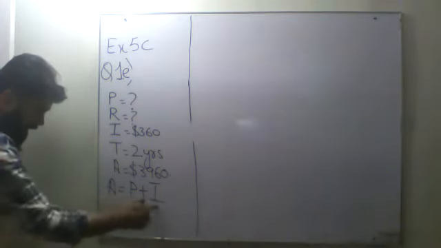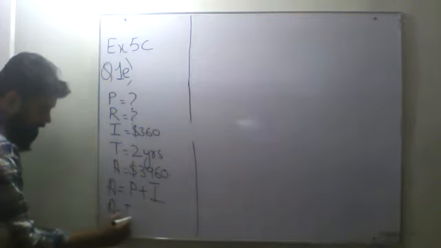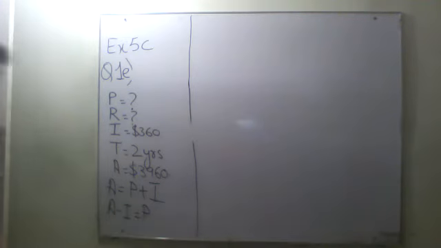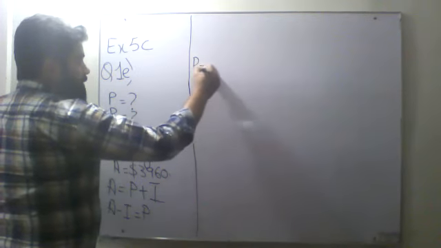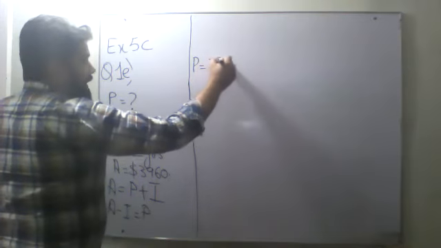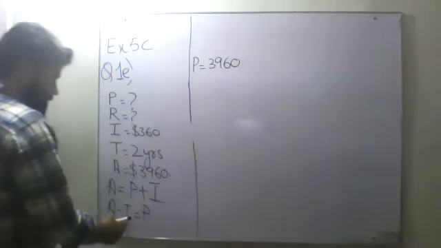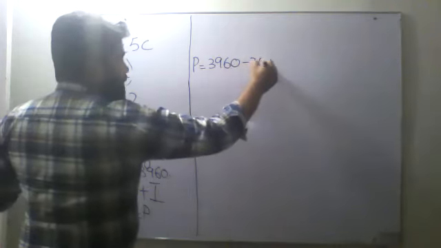Shifting I over here, A minus I equals to P. So P equals to the value of A, 3960, minus the I value, 360.